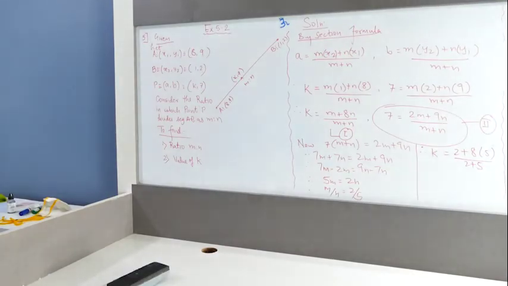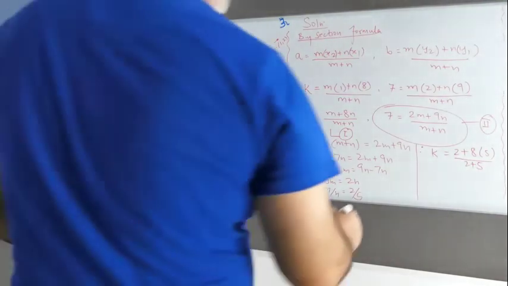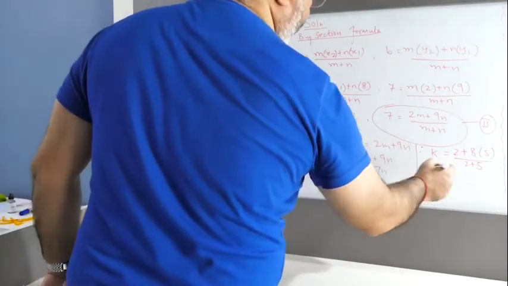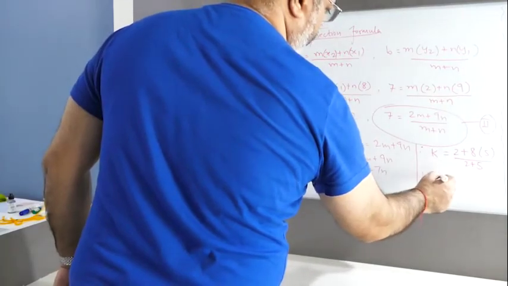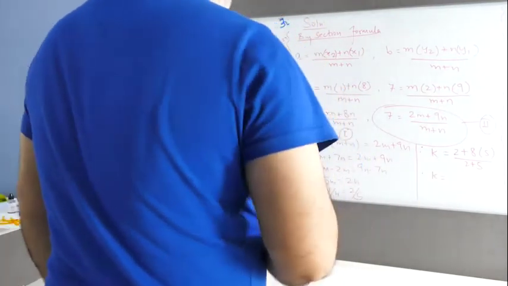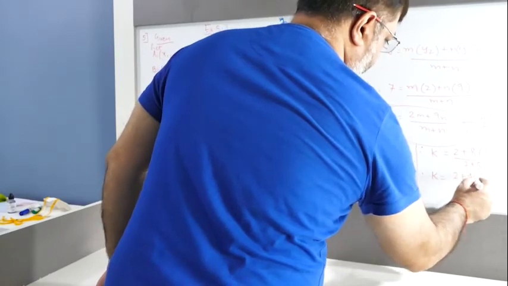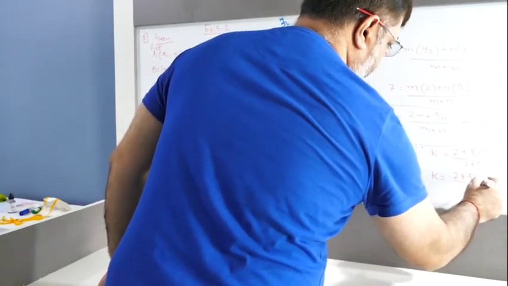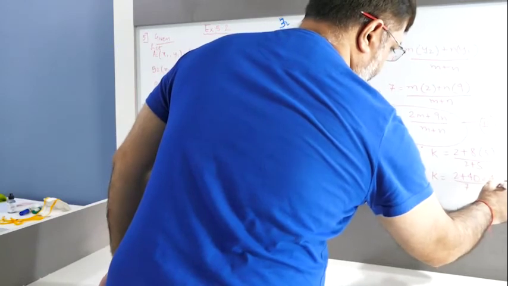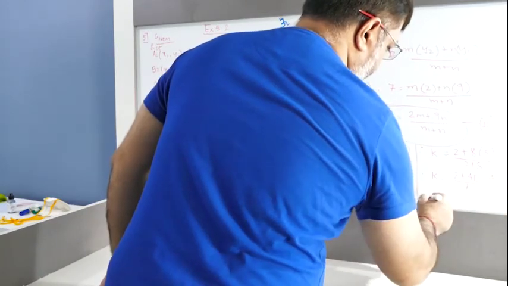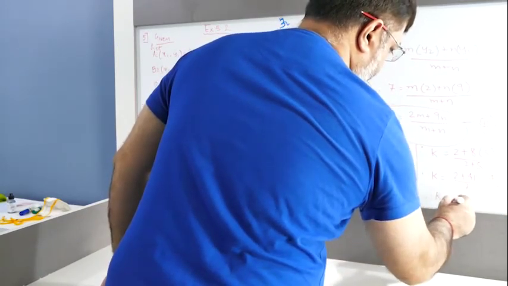M plus n gives me 2 plus 5. So you have k equals to (2 plus 40) upon 7, which is 42 upon 7, and therefore k equals 6.